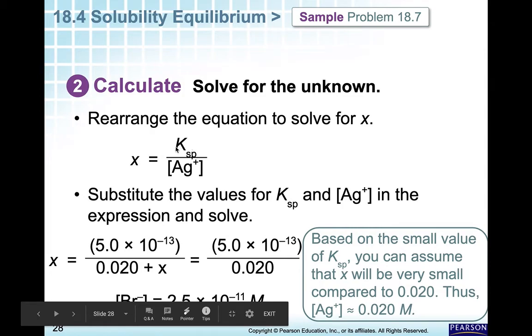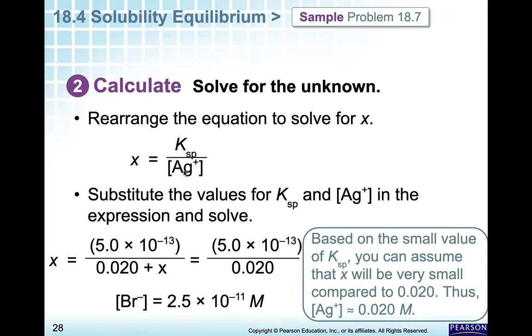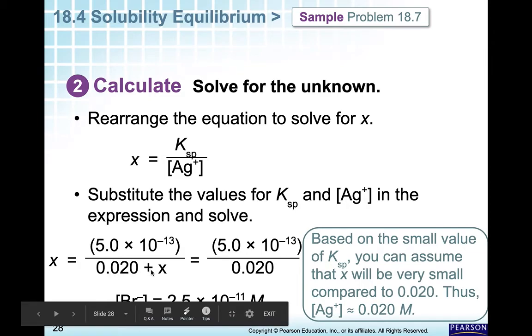So we've got the solubility product constant divided by the concentration of silver ions. We know this value, and we would substitute in 0.020 plus X for the silver ion concentration.